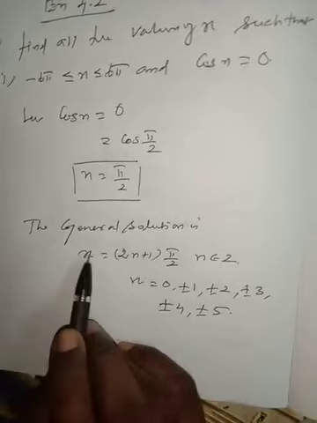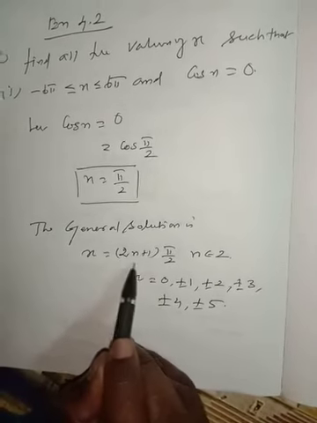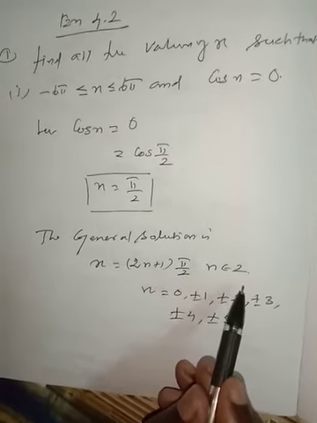Therefore, the general form of x is (2n plus 1) pi by 2, n an integer.